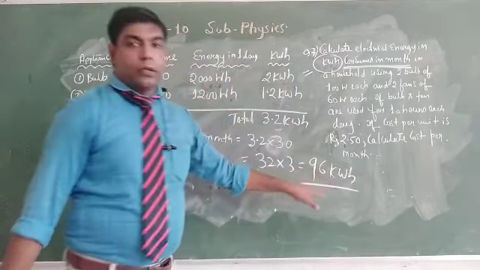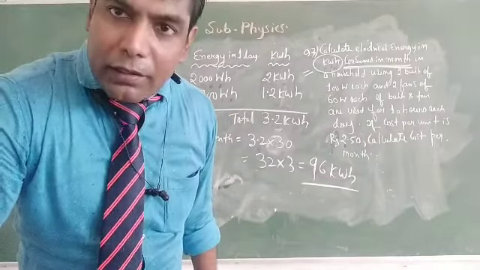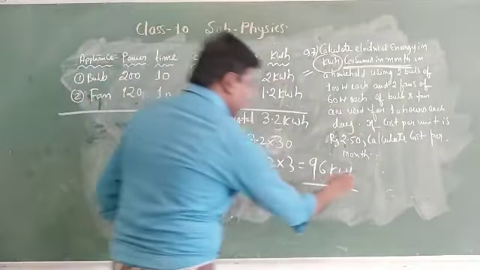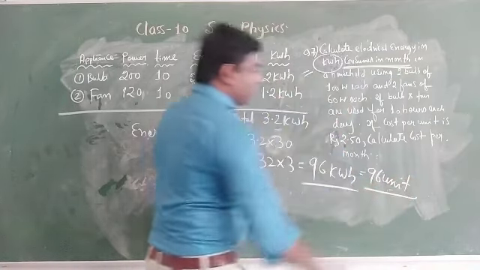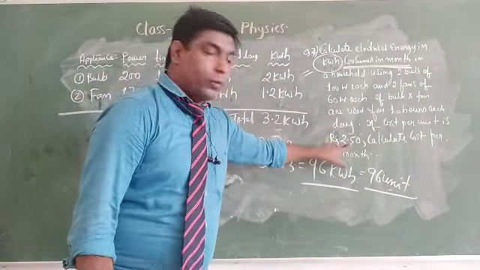So in 1 month, how much energy is consumed? 96 kilowatt hour, or we can say 96 units.